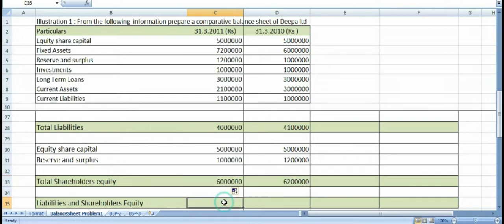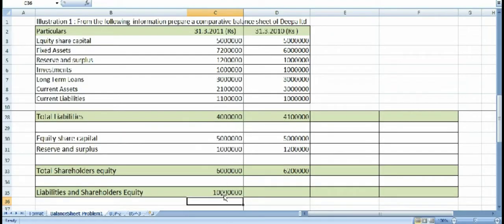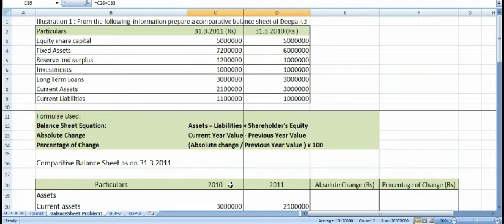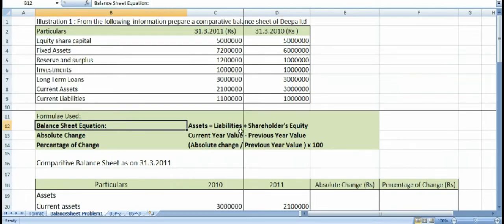Next we have to do the sum of liabilities plus shareholders' equity. The sum of total liabilities plus shareholders' equity comes to 1 crore. Then we have to compare both. What is the balance sheet equation? The balance sheet equation is assets equal to liabilities plus shareholders' equity.